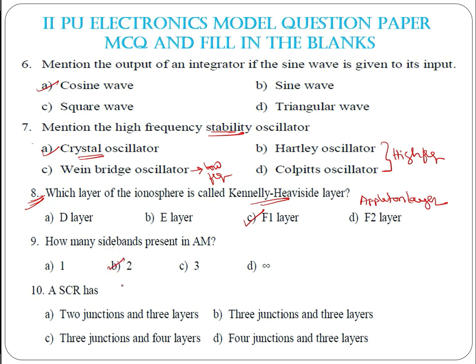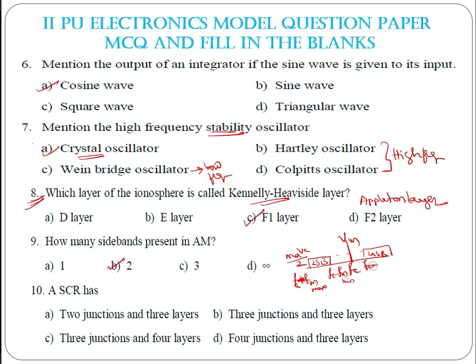How many sidebands are present in AM? In AM it is only two sidebands. One is upper sideband, one is lower sideband. If you remember, this is the frequency spectrum of AM. This is FC, this is VC by 2, and this is FC minus FM maximum.